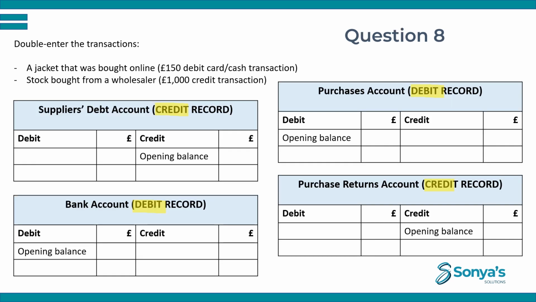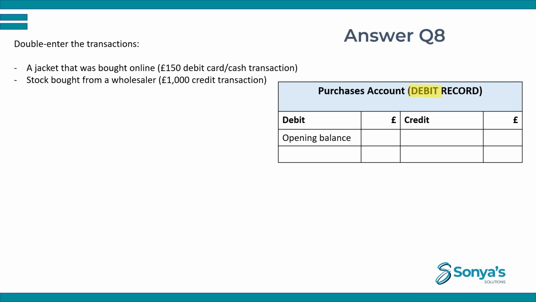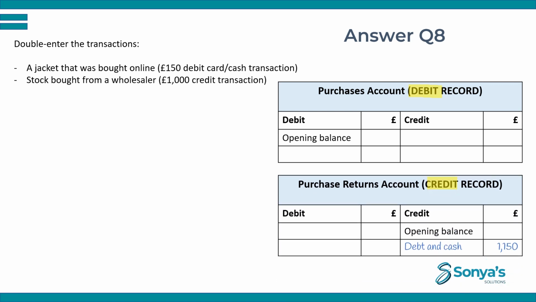Get ready to pause the video to give yourself time to read and answer the question. All of the returns are added to the purchase returns account. Let's remember the purchases account is an expense account, a debit record with an opening balance on the debit side, and the returns account provides the credit side of this account.